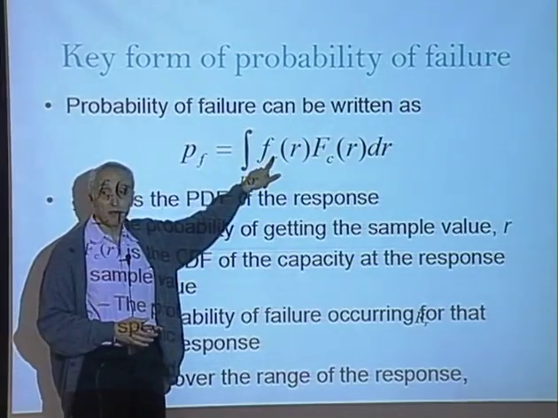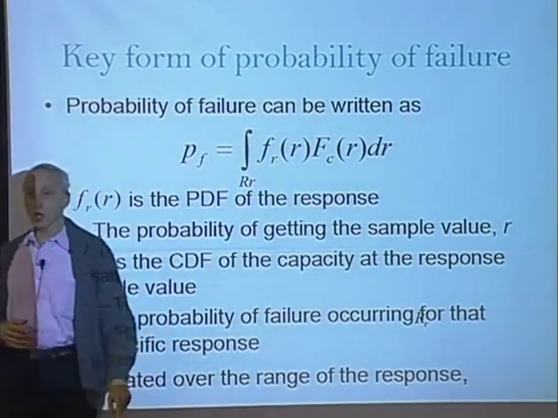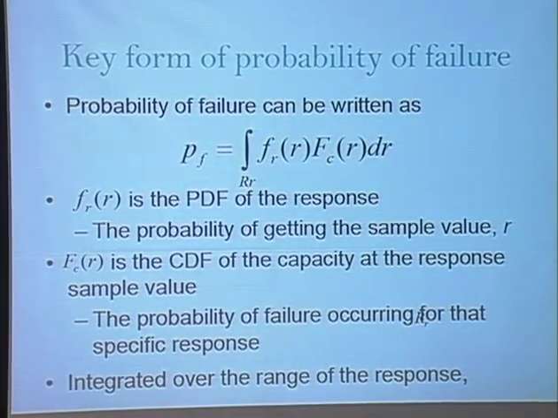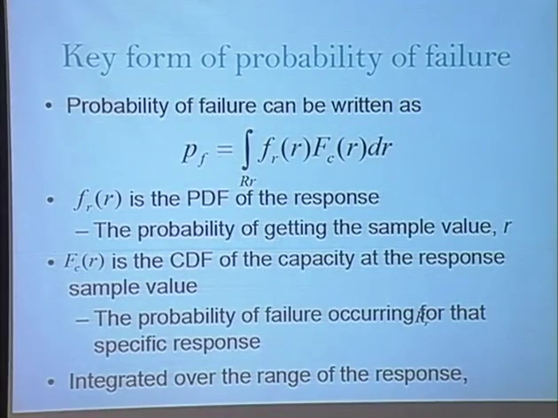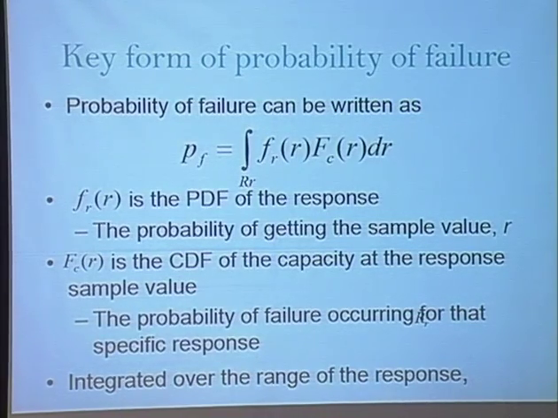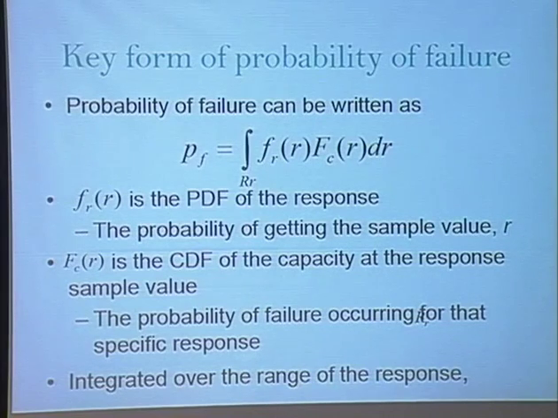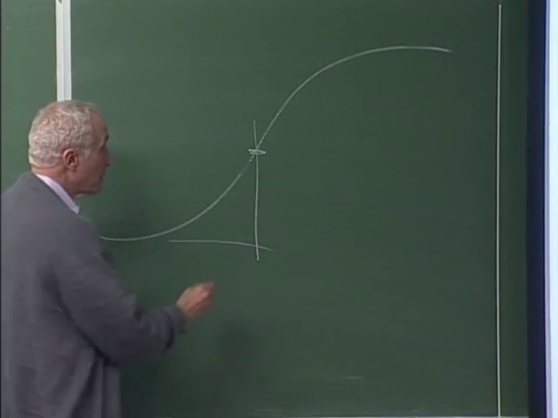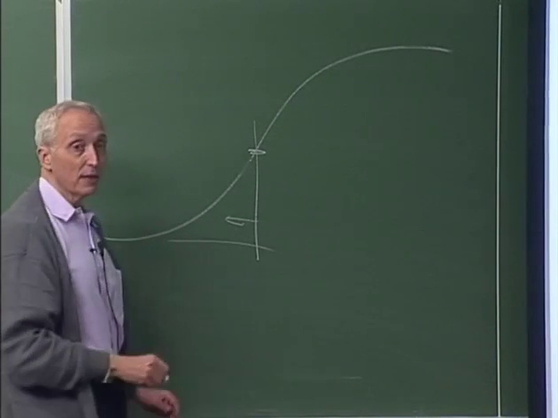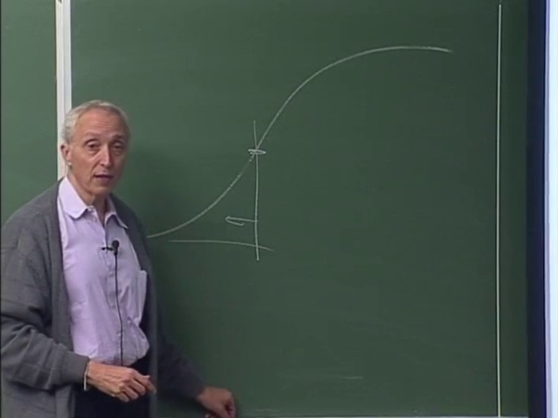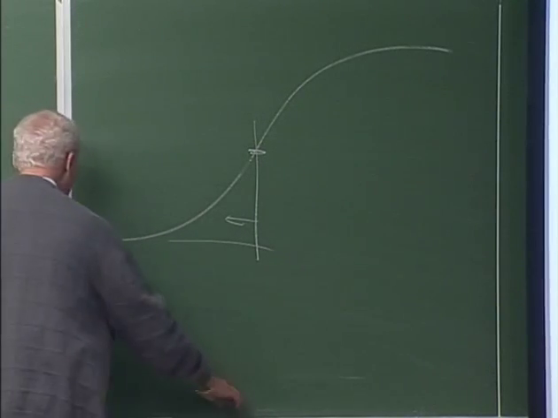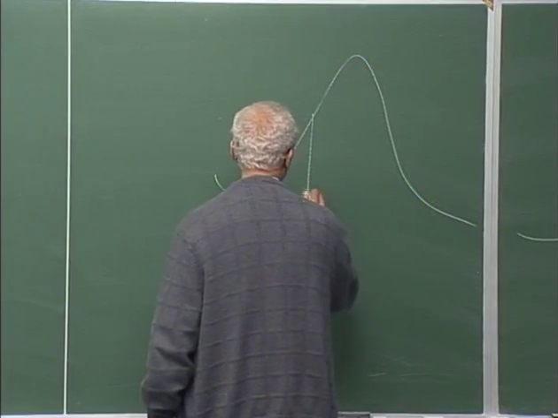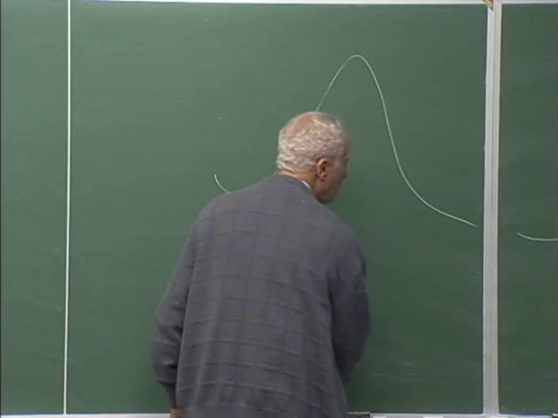We take any value of the response, and we calculate what's the chance that the structure will fail with that value of the response. Because if you think about the CDF of the capacity, it looks like that. And if we take any value, the CDF is the chance that the capacity is smaller than that value. That's the definition of CDF. It's the area under the PDF. The CDF here is equal to this area.